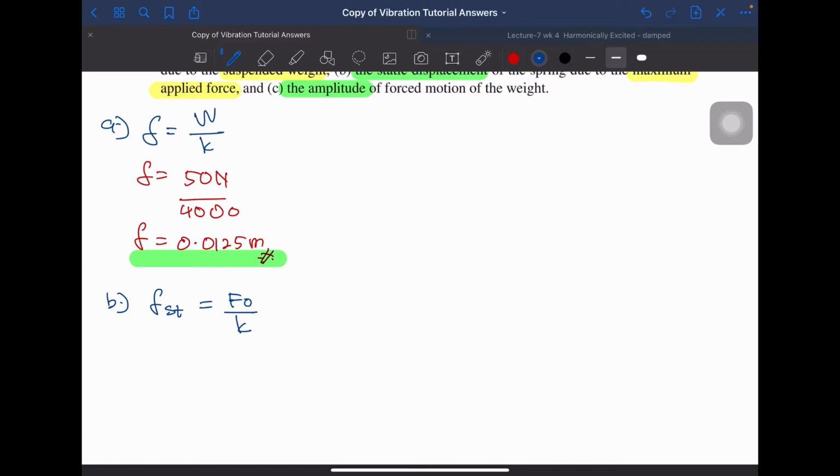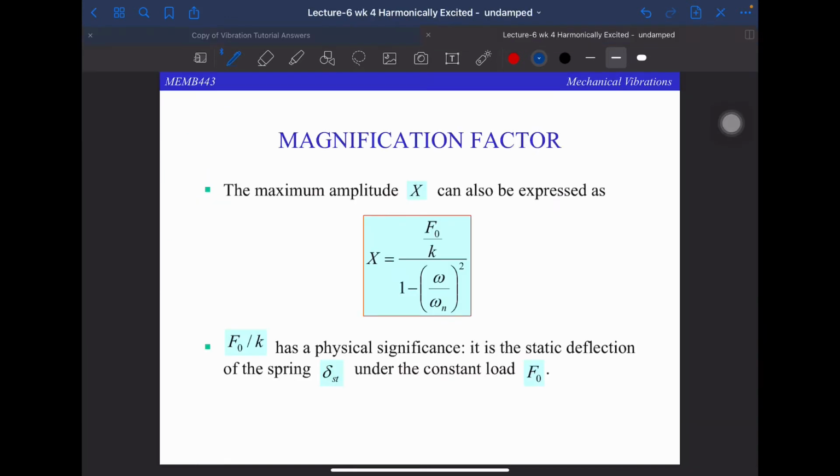You can find this in your lecture slide number 6. If you take a look at lecture slide number 6, you can see that del St equals F0 over K. So static deflection equals harmonic force divided by the stiffness. This is the formula that you can use.